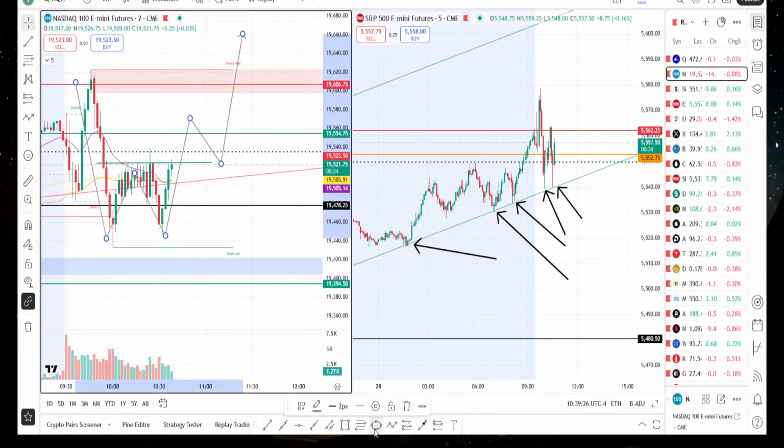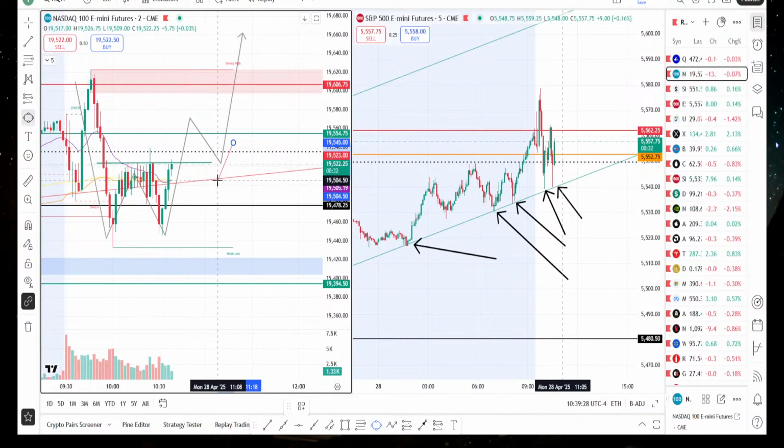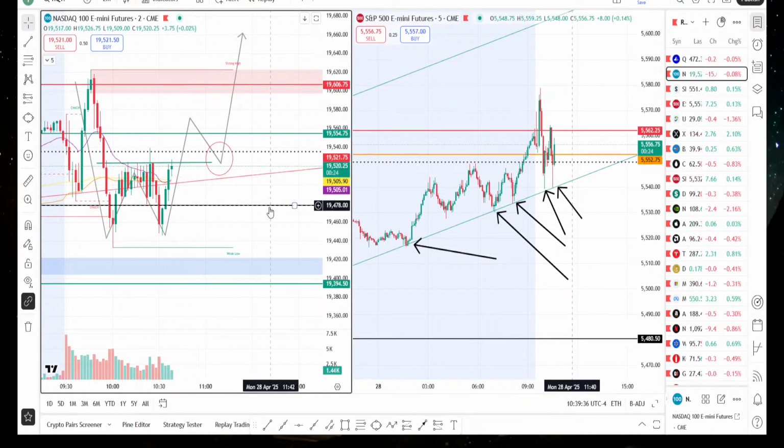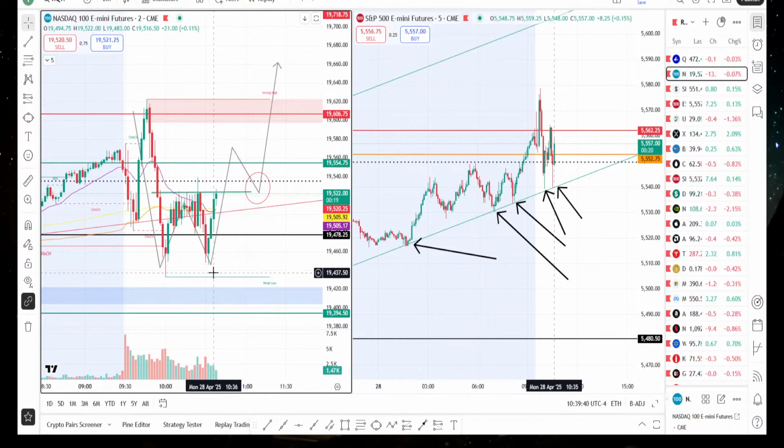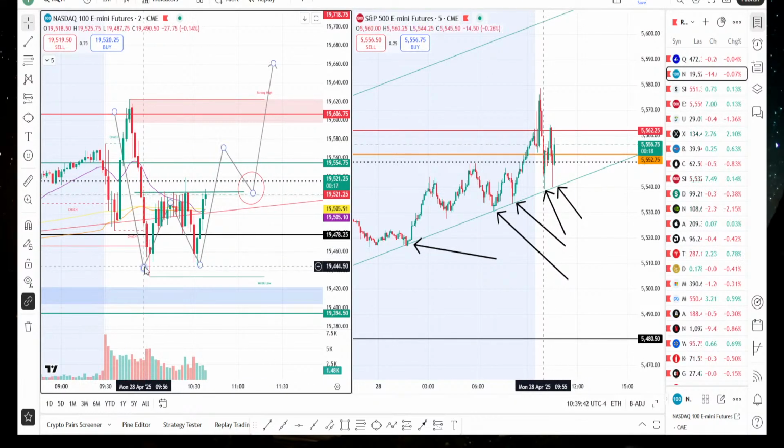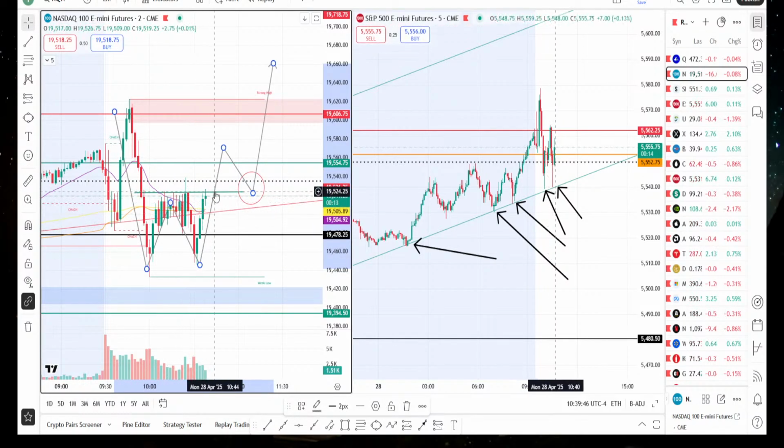Enter on the pullback. But then again, I'm looking into the future. I don't know if it's gonna happen or not, but this is where I would enter if it does happen. Yeah. So it's having the ability to think about how the market moves and figuring out where you want to jump in on the wave.